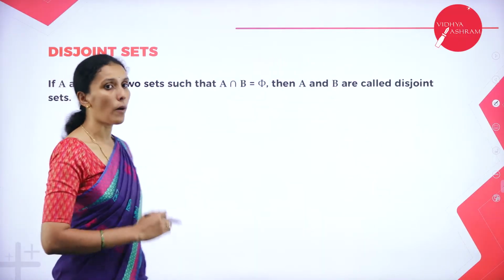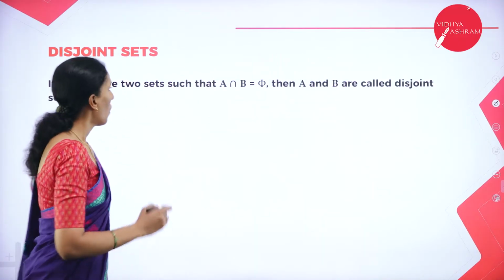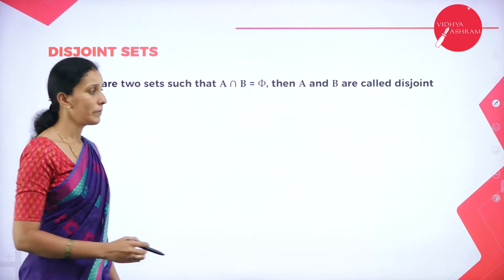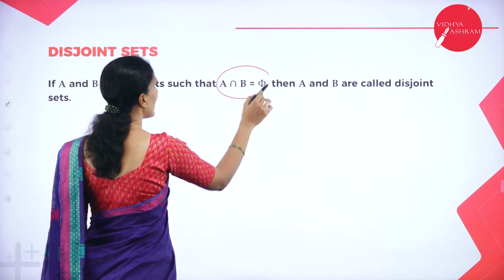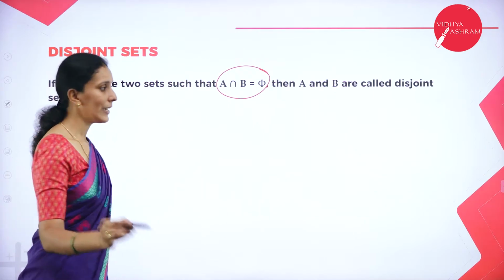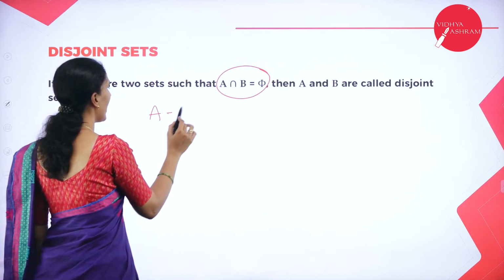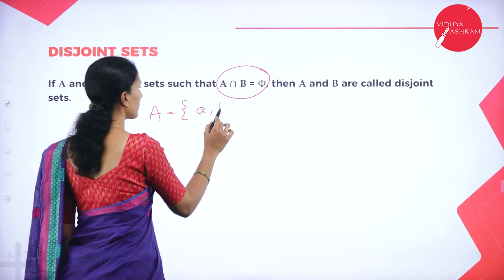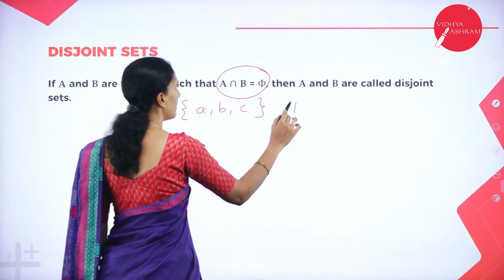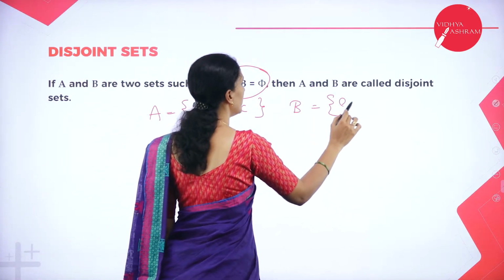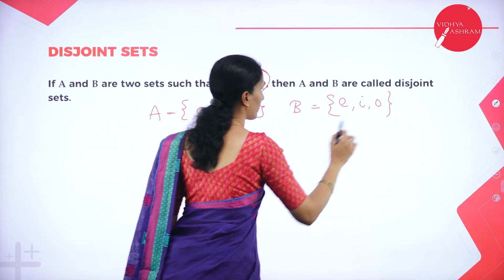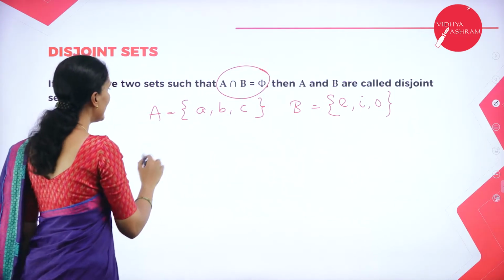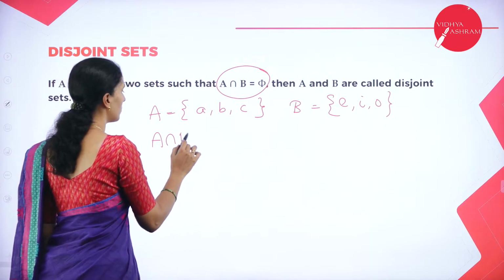Next, one more property, disjoint sets. What does disjoint set mean? If A intersection B is empty. I'll take an example. Let A be equal to {a, b, c} and B be equal to {e, i, o}. What is the intersection of these two?